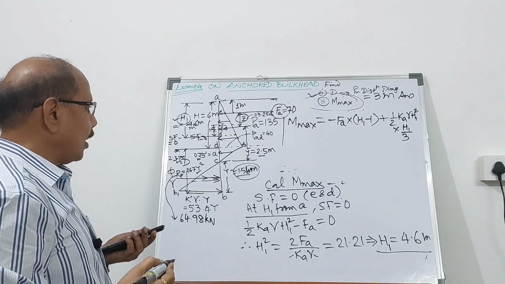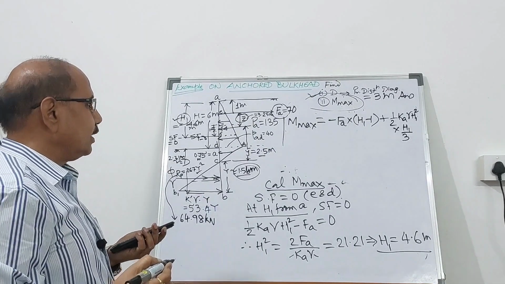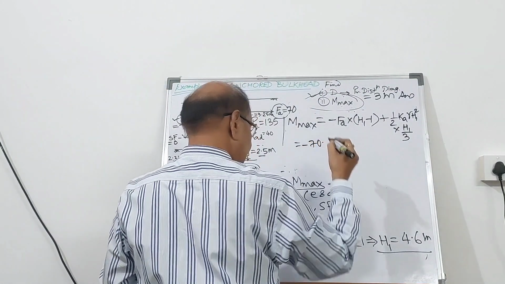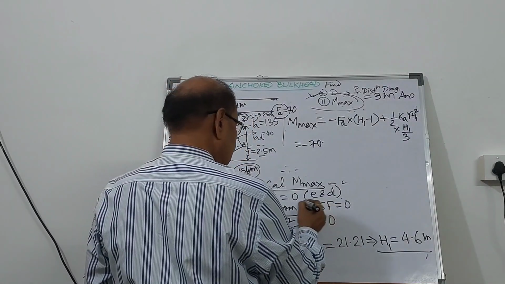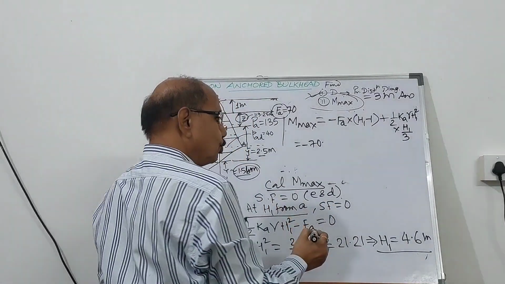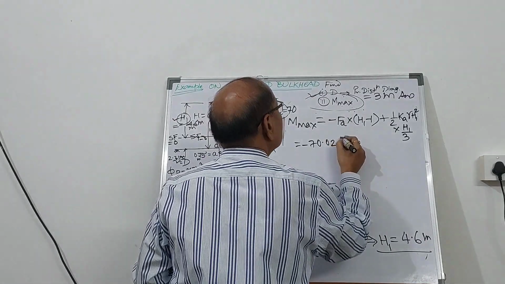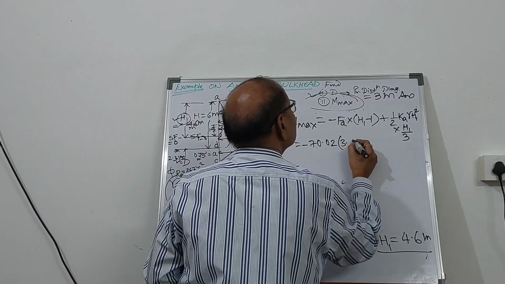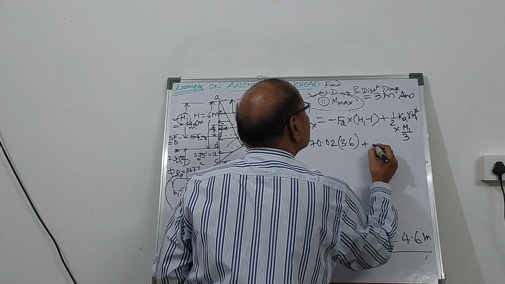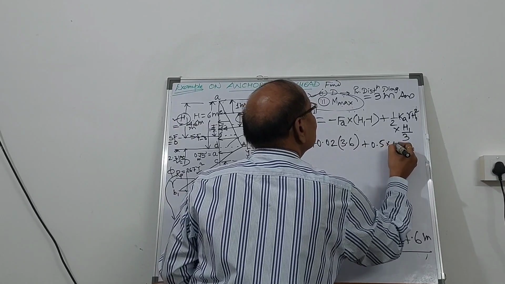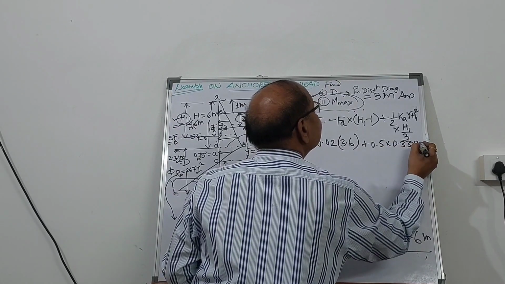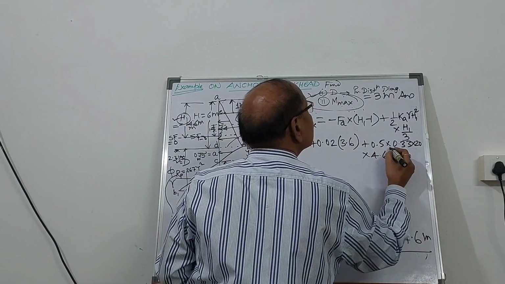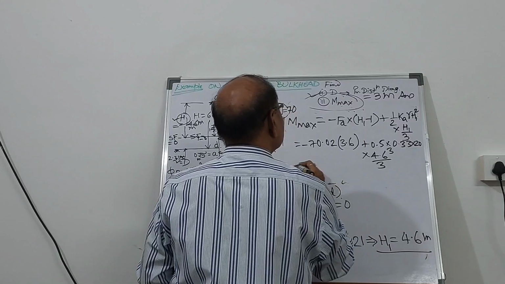Now H1 is already known to me. So H1 is 4.6, and therefore this becomes minus 70.02, and H1 4.6, so it becomes 3.6, plus 0.5 into 0.33 into 20 into 4.6 cube divided by 3.